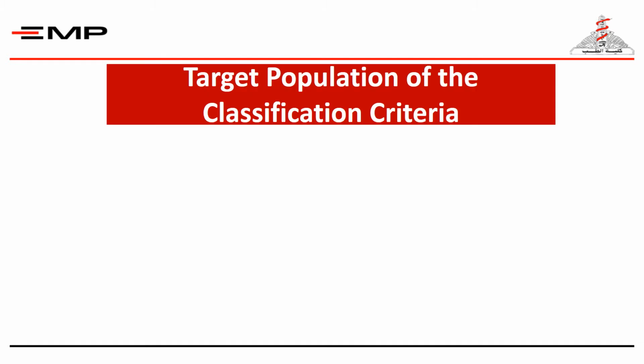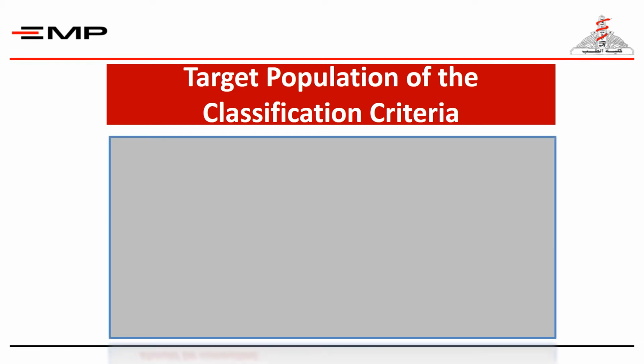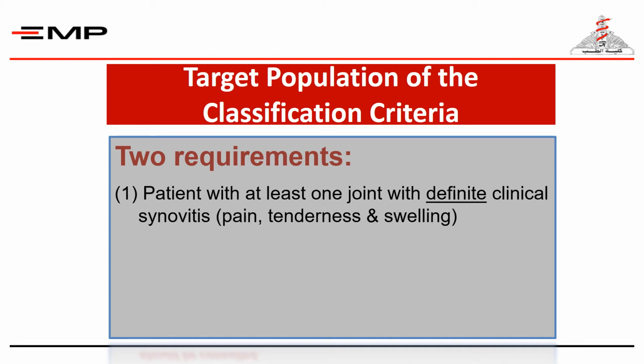The target population of this new classification criteria, there are two requirements. The first, our patient with at least one joint of definite clinical synovitis, that's to say monoarthritis at least, with pain, tenderness, and swelling of one joint at least.